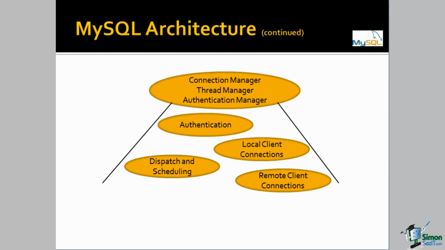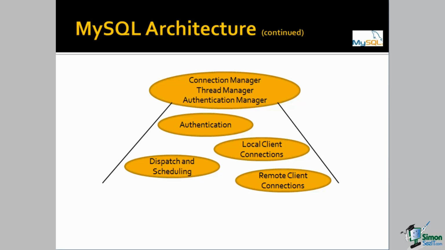And that connection can either be a local connection, so from the same machine, or it can be a remote connection over a network to the machine on which the MySQL database resides. And there are two components for dealing with those connections, either local client connection or remote client connections. Each are managed by those respective components.